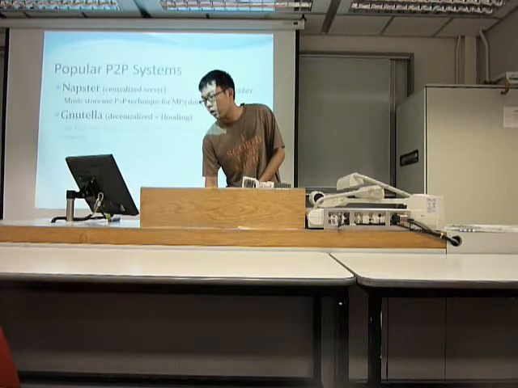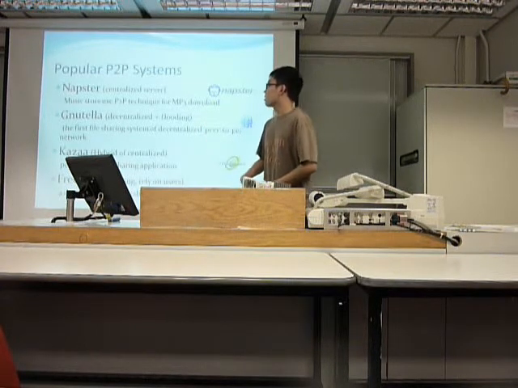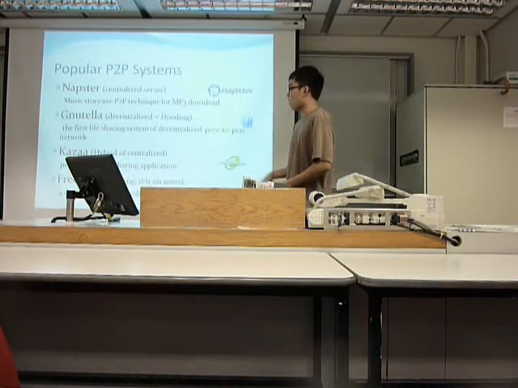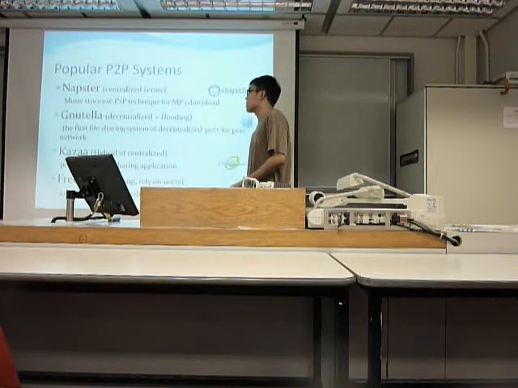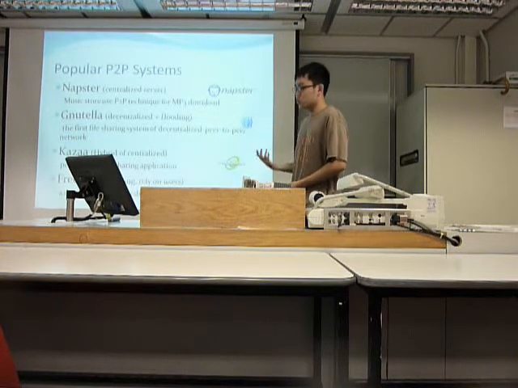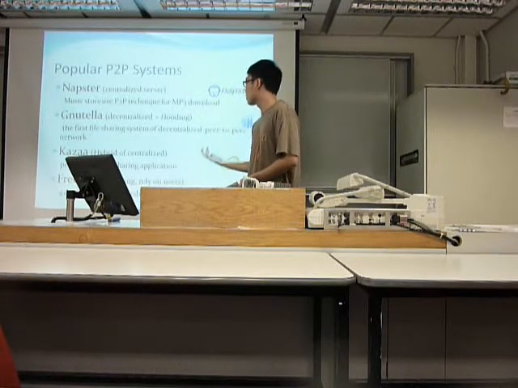And there are several popular P2P systems on the internet. The first one is Napster, which uses the centralized server that my teammate has mentioned. It's a music store that uses P2P to let clients download music files.